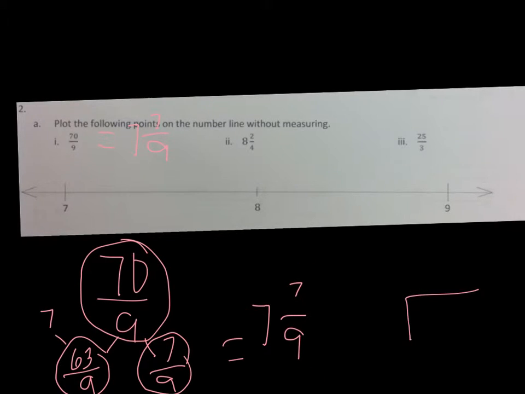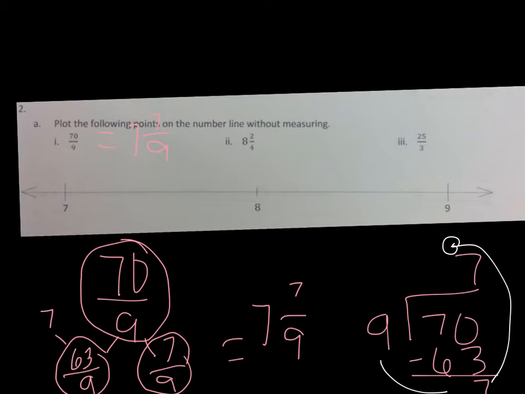If you would prefer to do this by dividing, that is completely fine. So you could say 9 goes into 70 7 times to get 63, and you subtract to get 7. When you go around the clock, you end up with 7 and 7/9.